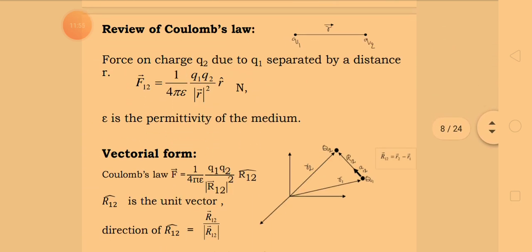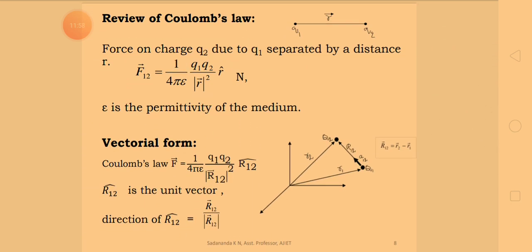Next topic is Coulomb's law. We have studied Coulomb's law in PUC classes maybe, but let us recall the concepts which we have studied. Coulomb's law is especially applicable for two point charges which are at rest.